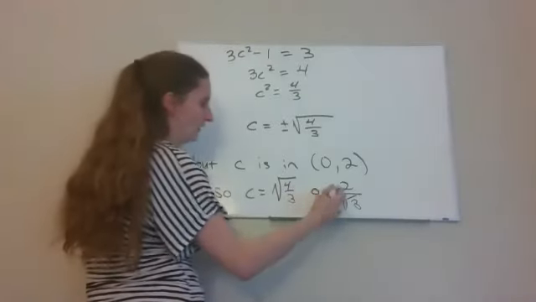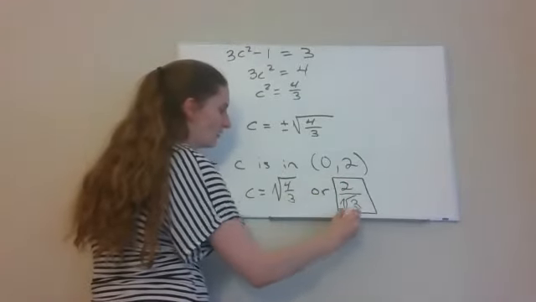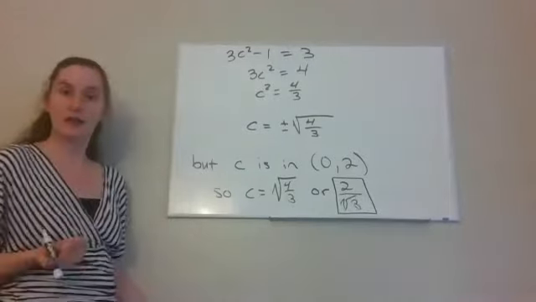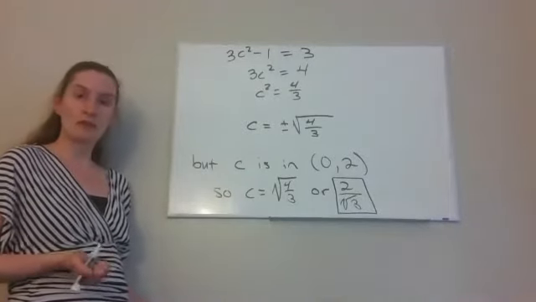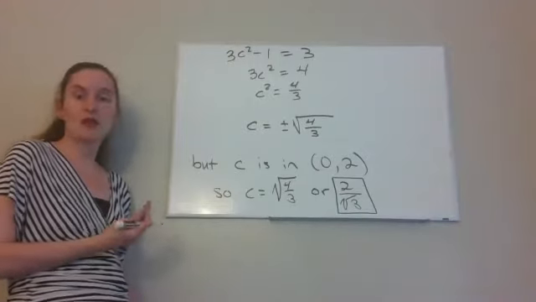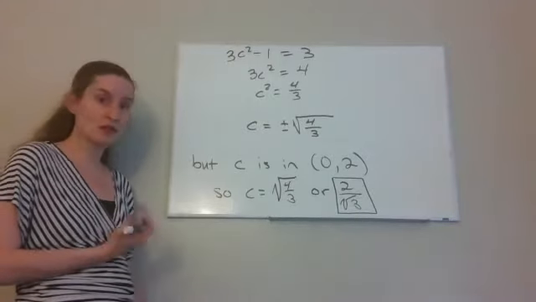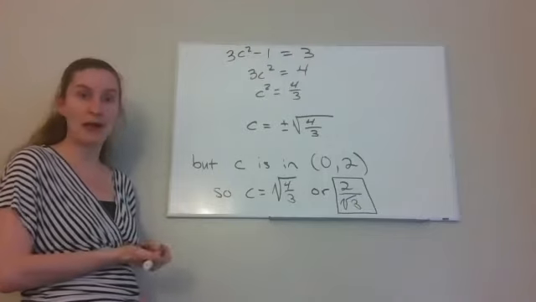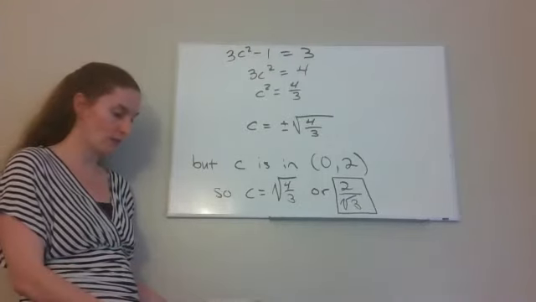And this is the value for C that satisfies the conclusion of the mean value theorem. So if you have to find the C that satisfies that conclusion, just plug in all the stuff you know into that conclusion and do some algebra, and you'll find your C value.